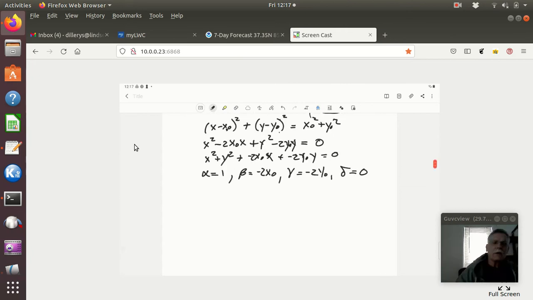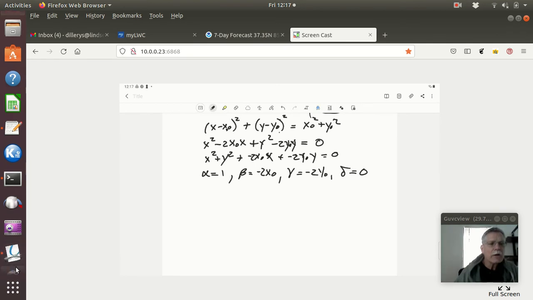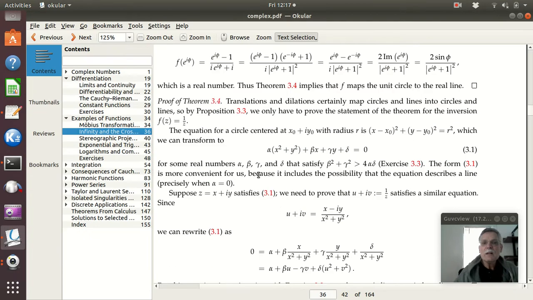All right, so looking back here, 3.1 said we could write in this format, and our alpha was 1, our beta was a negative 2x0, our gamma was a negative 2y0, but delta was 0.